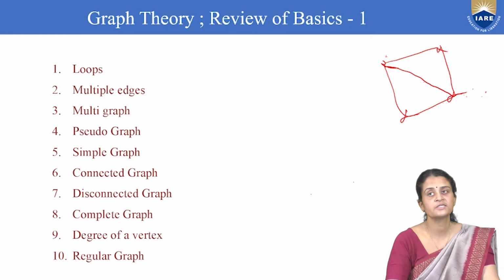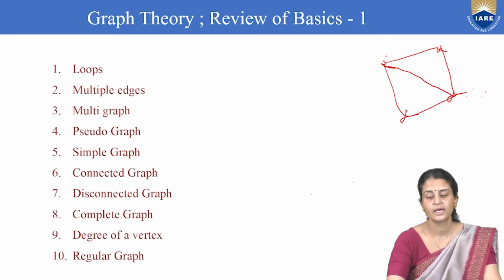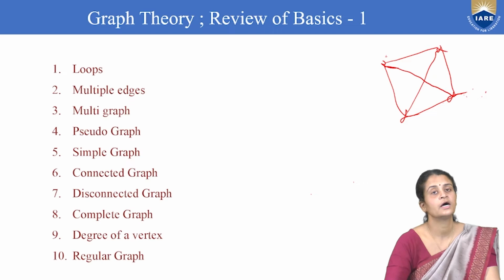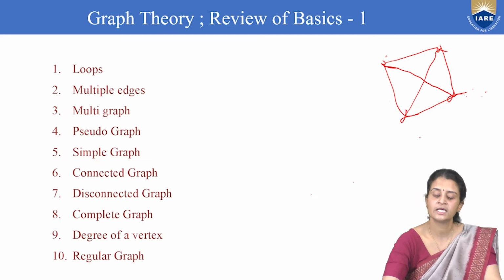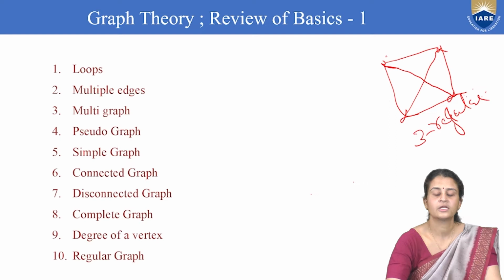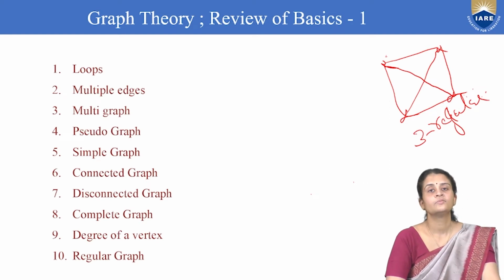Is this now a regular graph? No, because 2 vertices are of degree 3 and the other 2 vertices are of degree 2, so it is not a regular graph. Now this is termed a regular graph of degree 3. It can also be called a 3 regular graph. When a graph is said to be regular of degree n, every vertex is of degree n.